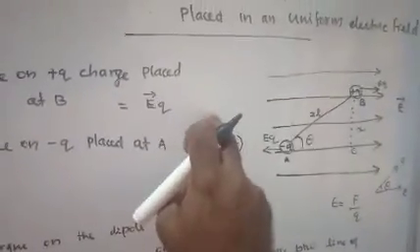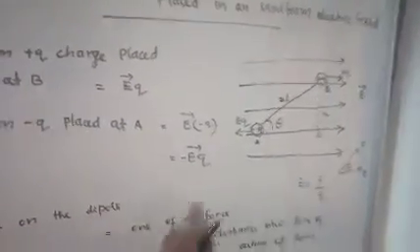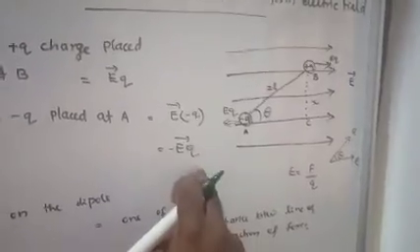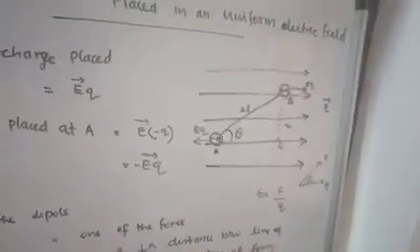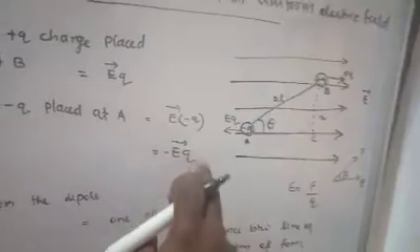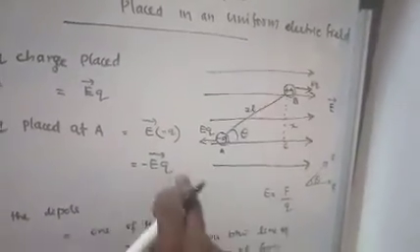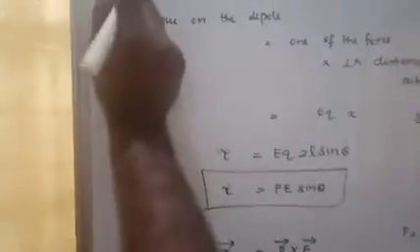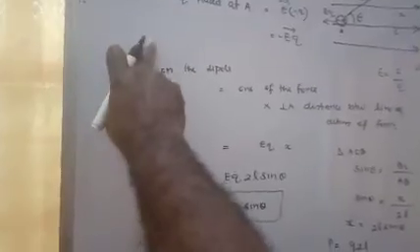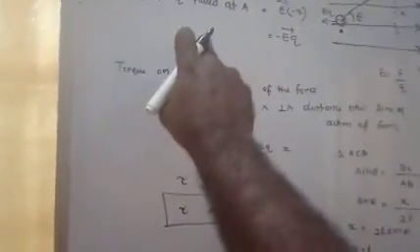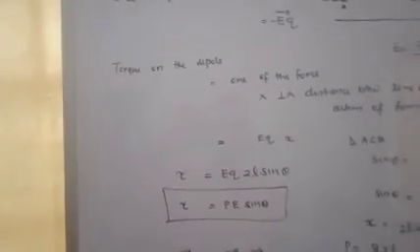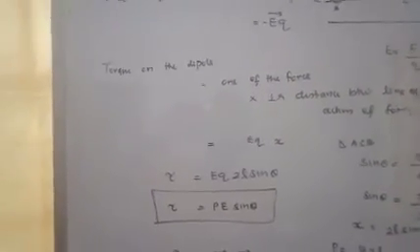The direction of force on plus q is along the direction of E. The direction of force on minus q charge is opposite to the direction of E. Since these two forces are equal in magnitude, opposite in direction, and acting along different lines, they create torque on the dipole.